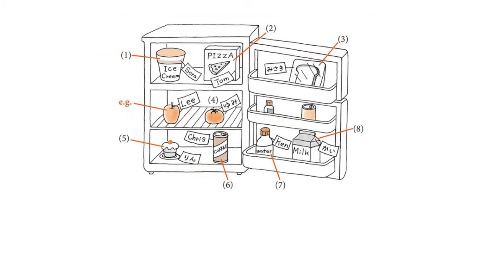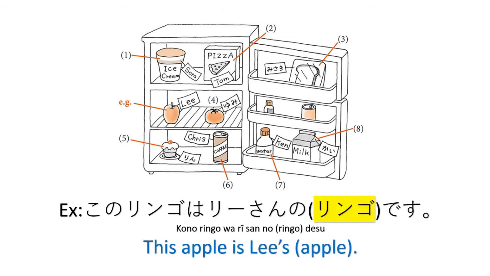Now for example, we have this exercise here, but we're going to answer it one by one. We have here one example. Kono ringo wa Ri-san no ringo desu. As you can see here, if we complete the sentence, then we're going to have 2 apples in the sentence.